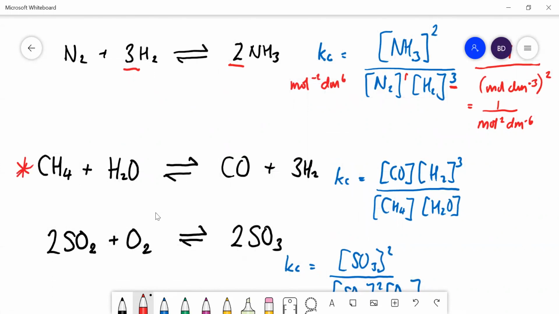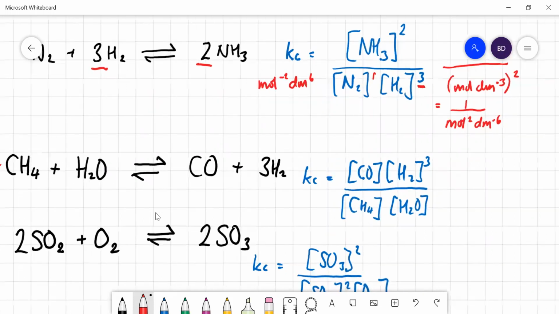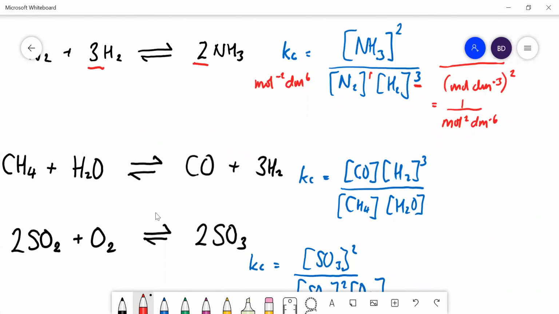Okay, let's do this one here. Methane reacting with steam. Okay, this is really important. This is how they make hydrogen for the Haber process and for various other industrial uses. It's made from methane. So we've got that to the power of 1, that's the power of 3, so it's going to be mole dm to the minus 3 to the power of 4.